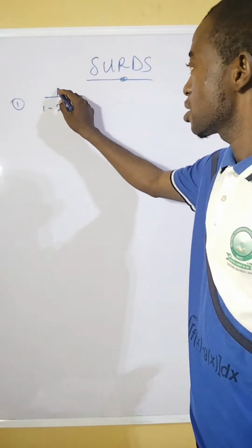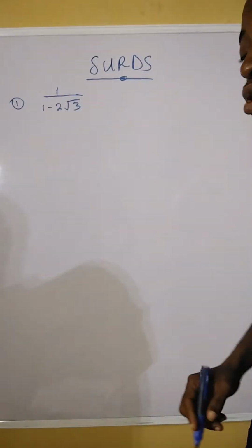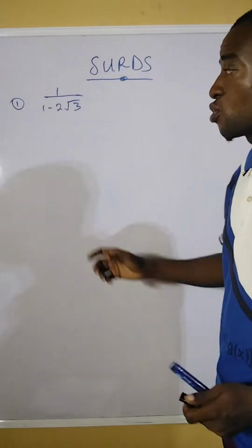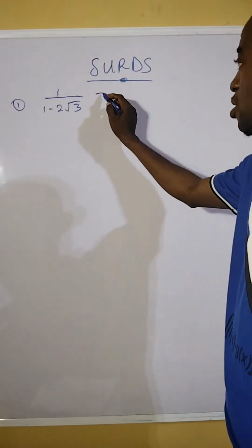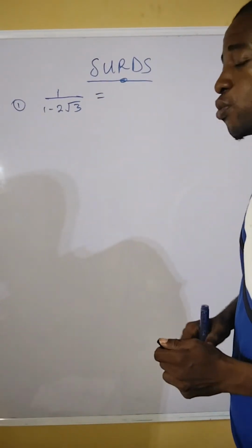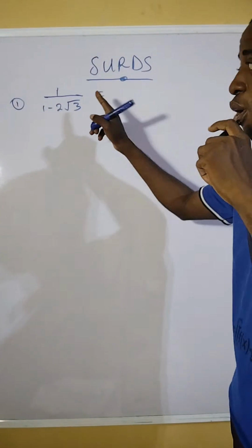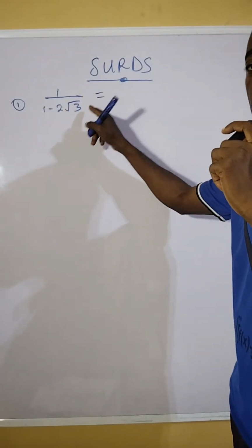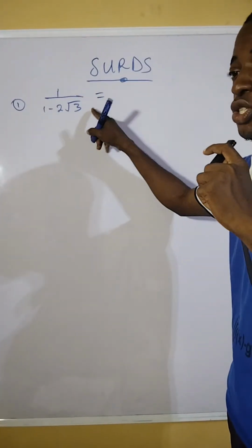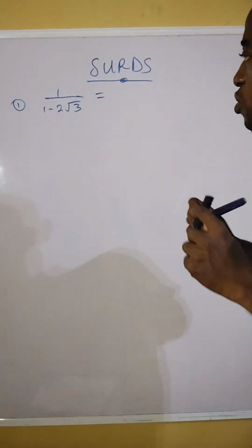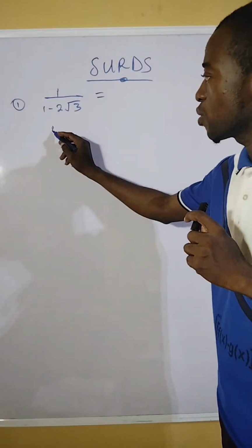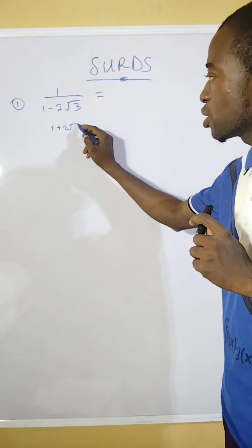In this surd, we have the denominator to be a surd, so we rationalize this. The method we use is that we multiply the numerator and the denominator by the conjugate surd of the denominator. And the conjugate surd of the denominator here is 1 plus 2 root 3.